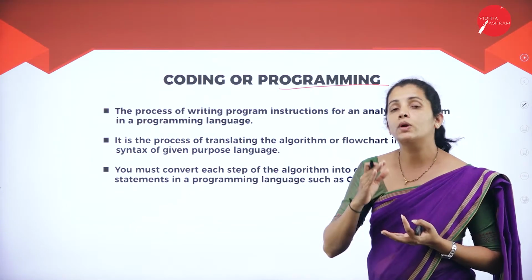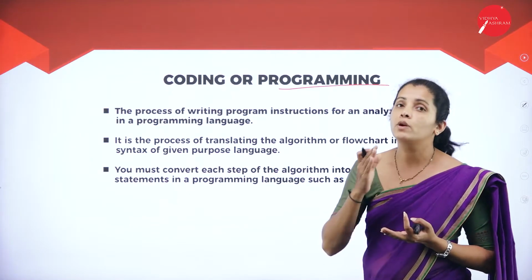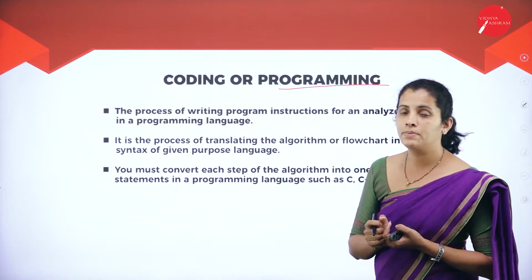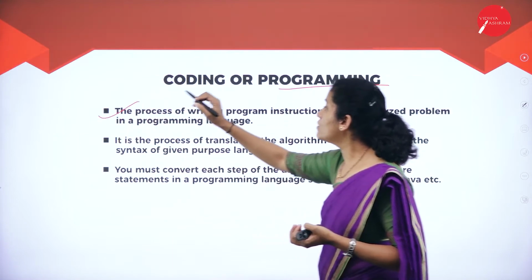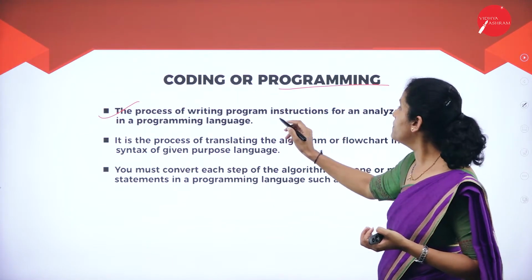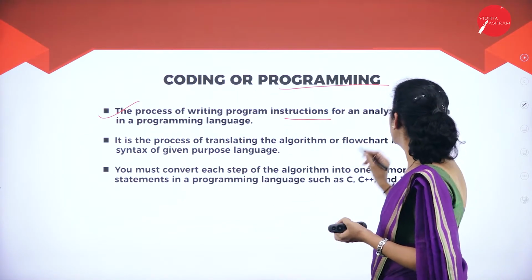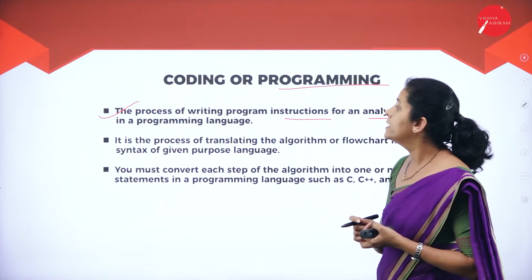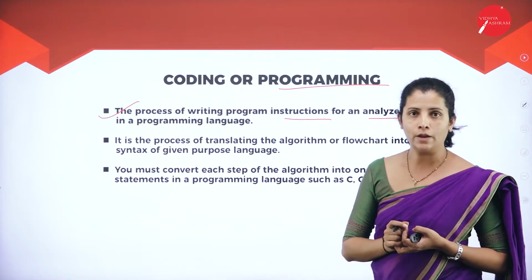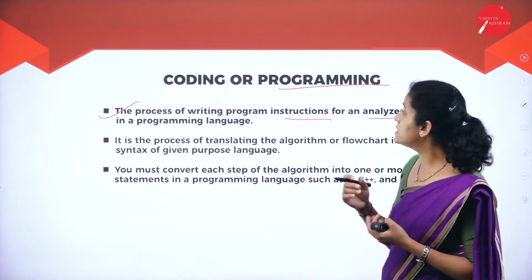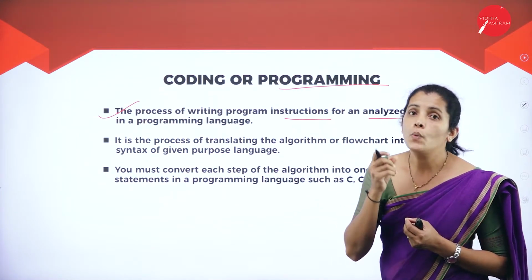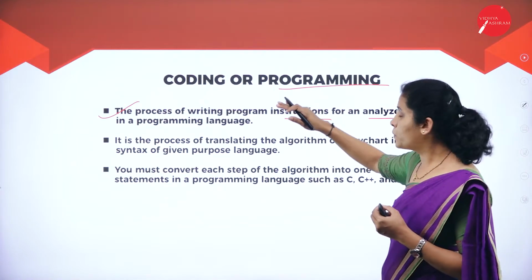That means to write any program, we are going to use the C++ programming language. Coding is the process of writing program instructions for an analyzed problem in a programming language. So coding or programming is a way of writing a program.